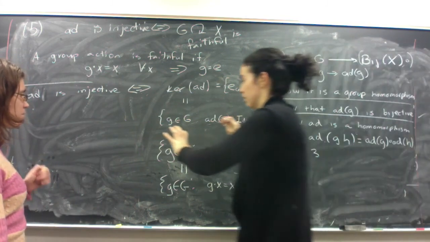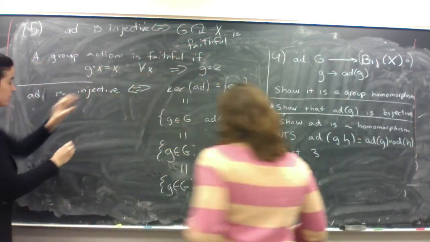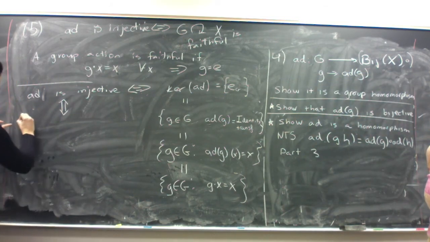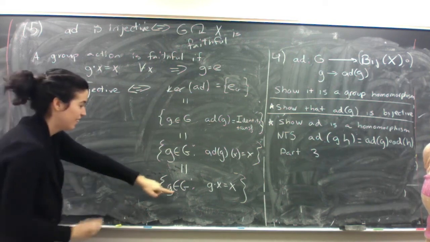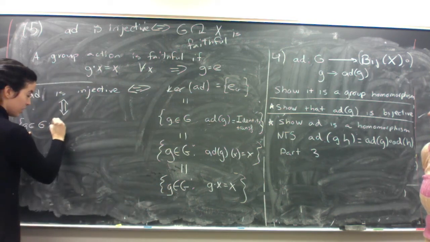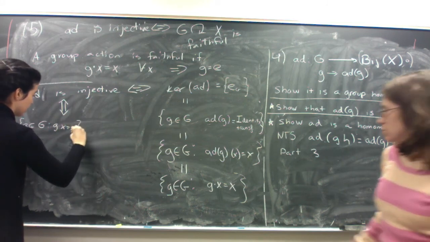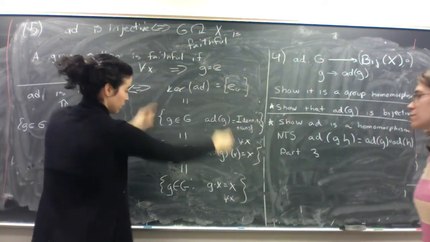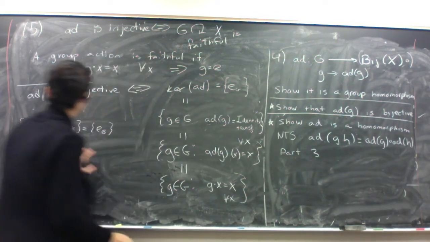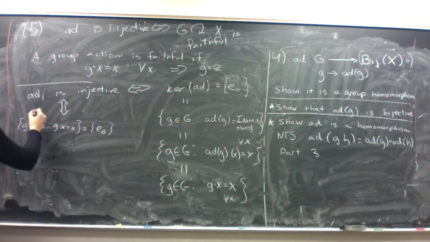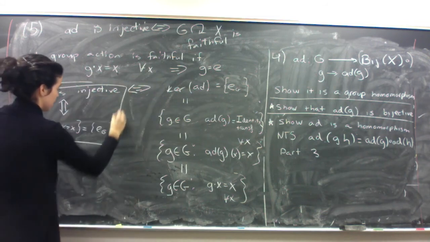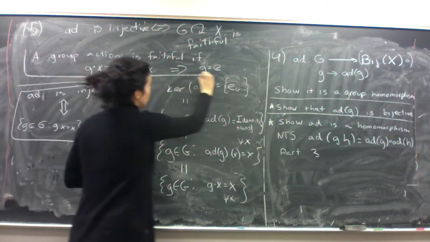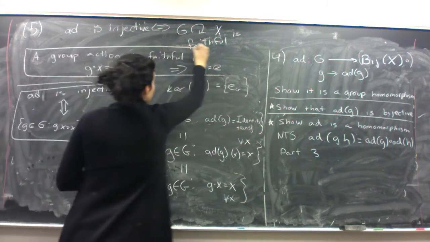So, recapping, we've shown that add is injective if and only if the set of G such that G X equals X is E_G. Because this was an if and only if, this thing, which is this thing, was equal to this thing. Okay, we have this, which is what it means to be injective, and we have this, which is what it means to be faithful.